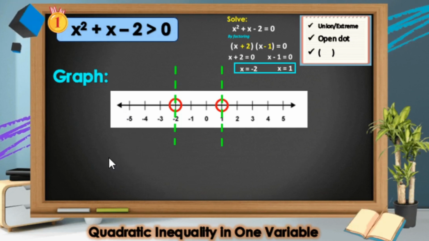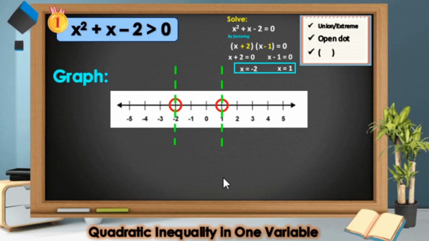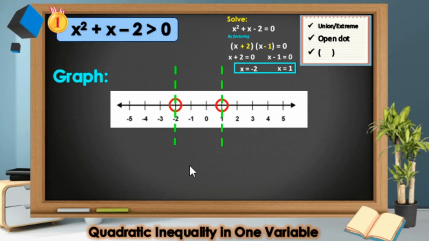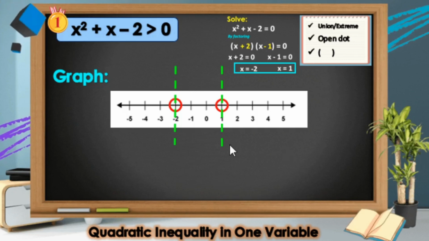So, ibig sabihin mga solution siya nung given quadratic inequality. Kapag nag-false, no, yung sinubstitute nating point from that region, it means hindi yun solution. Hindi natin isi-shade yung region na yun. Hindi solution yung mga points na nandun.